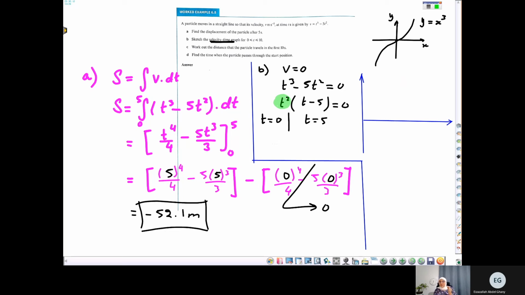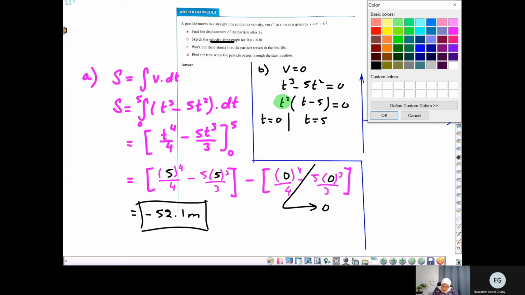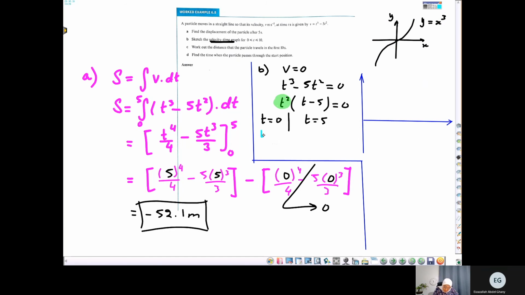So t equals 0 is a repeated root. Expect that the curve touches the t-axis at t equals 0 and cuts the t-axis at t equals 5. I remind you, here the curve touches the t-axis and here the curve cuts the t-axis.